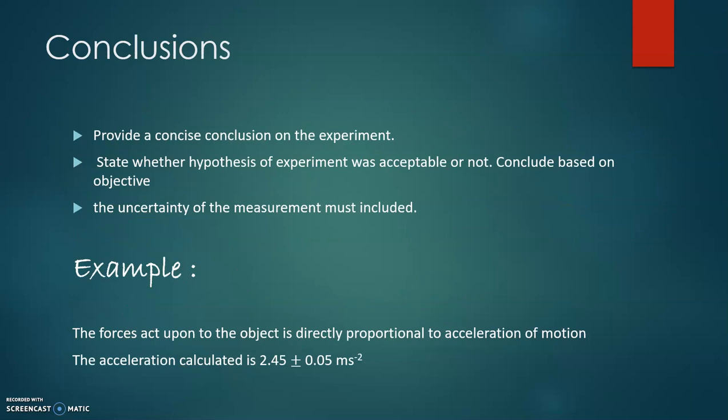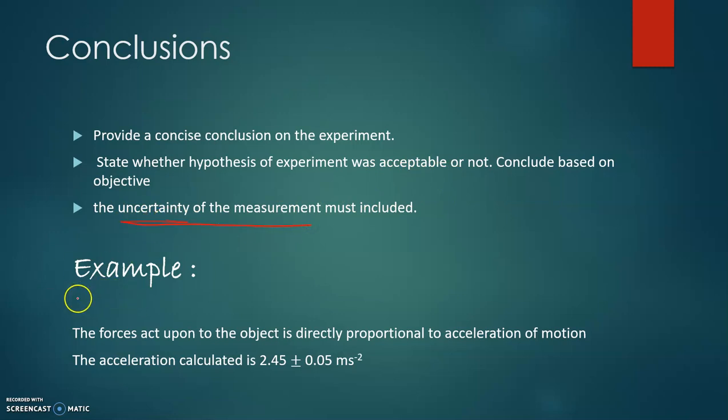Lastly, the conclusion that you provide in your laboratory report must concisely conclude the experiment. You must reflect back on the objective of the experiment and state whether the hypothesis of the experiment was acceptable or not. As I mentioned, you must include the uncertainty of the measurement.